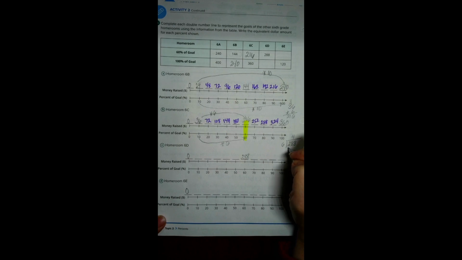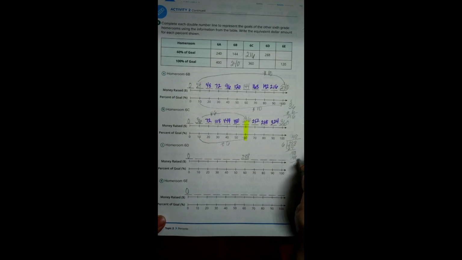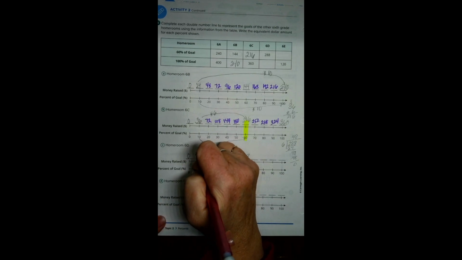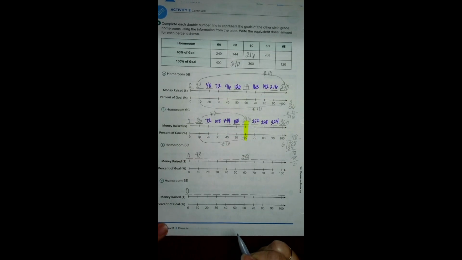It's going to be 4. 6 times 4 is 24. Subtract, I get 28 minus 24 is 4. Bring down the 8. 6 times 8 gives me 48. So this one is counting up by 48s. So I'm going to put a 48 here.